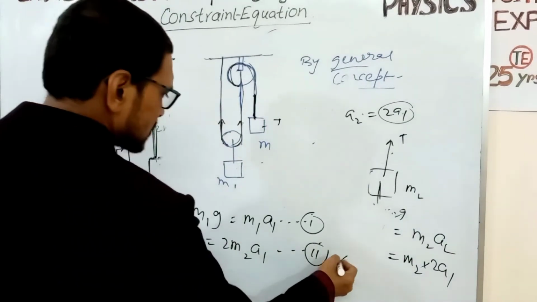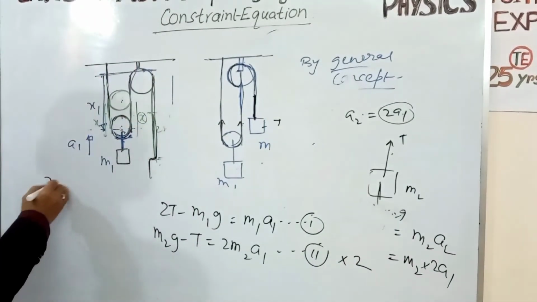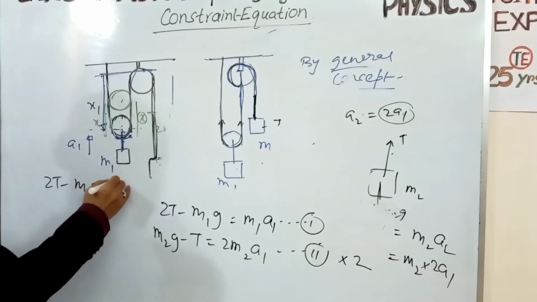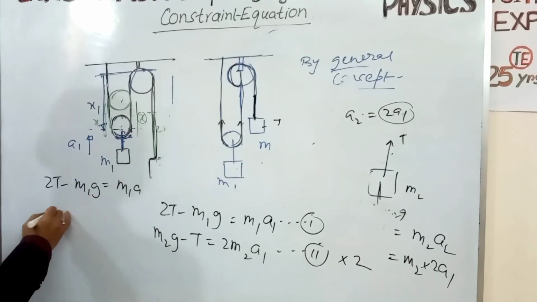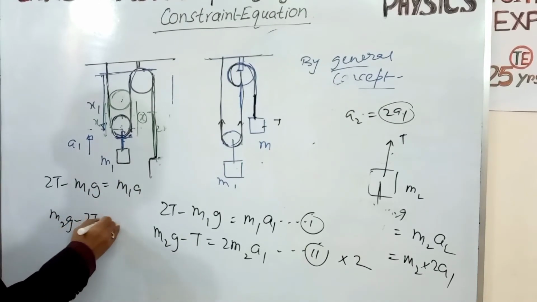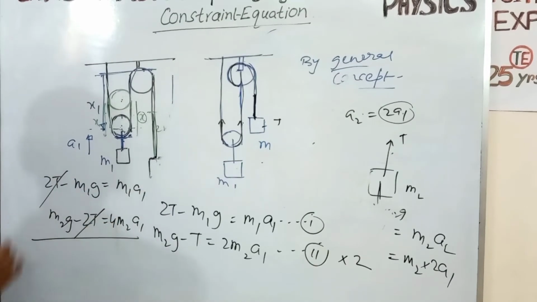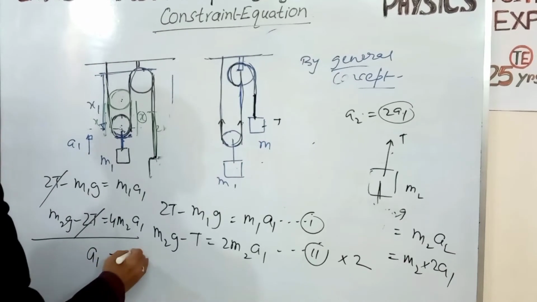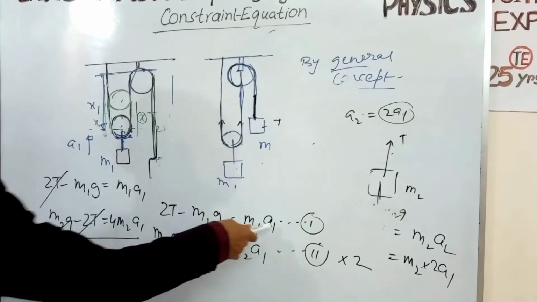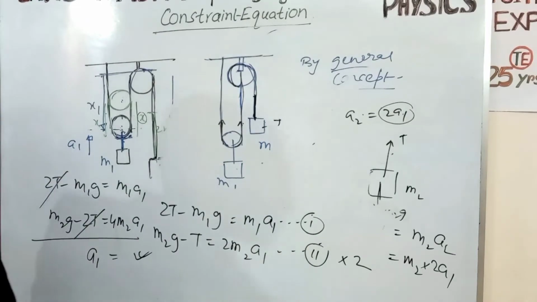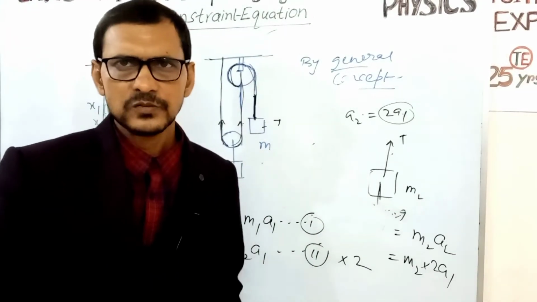If we multiply by 2 and cancel T, we easily get A1. Putting A1 in this equation we get T. This is the way you can solve the problem.